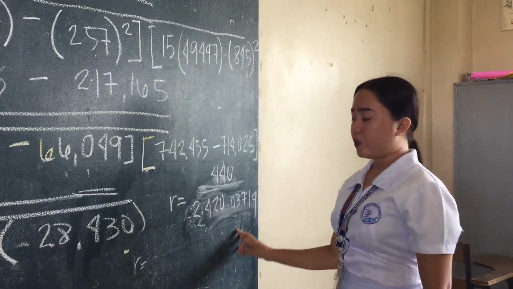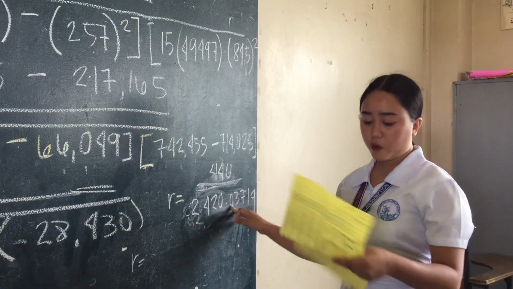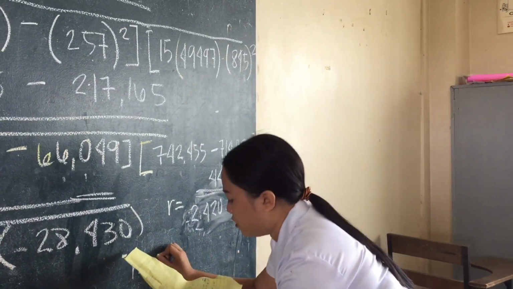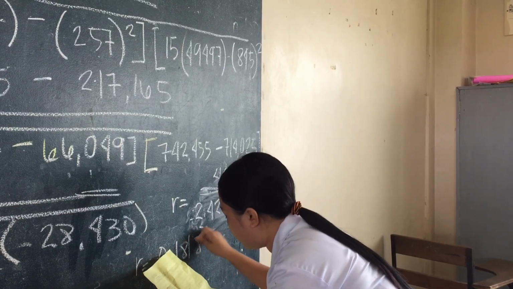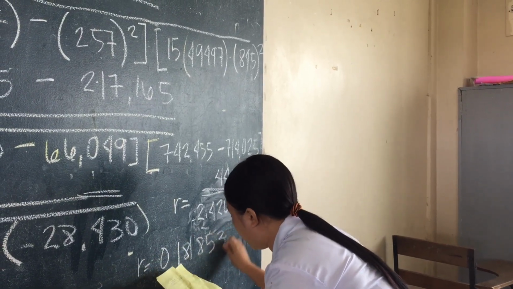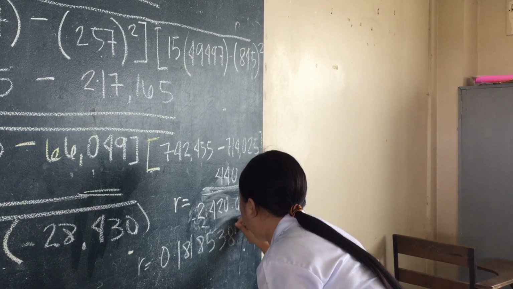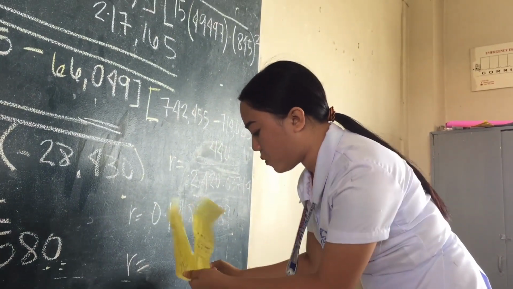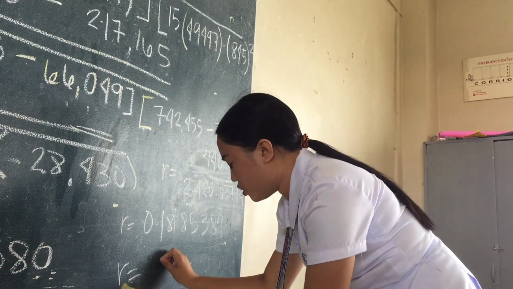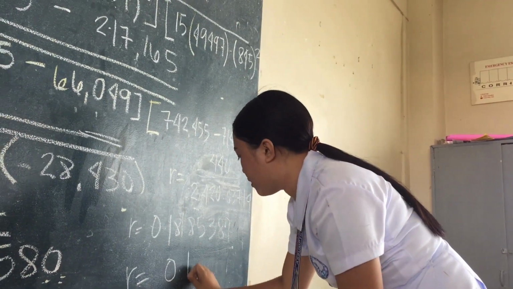And after that, we divide 440 by this, which is equivalent to 0.1818537. After that, our final answer is equal to 0.18.